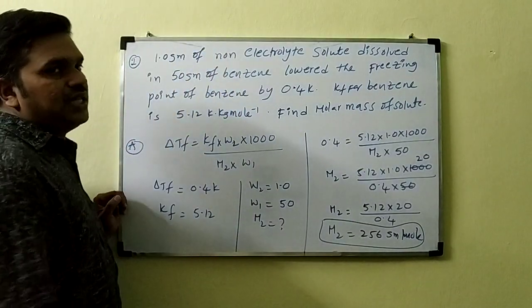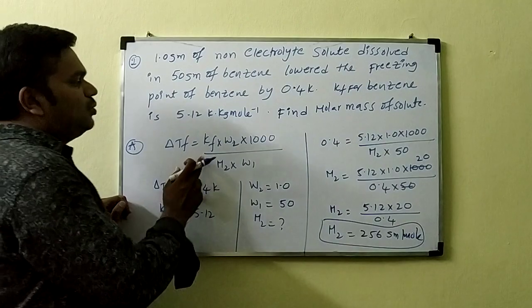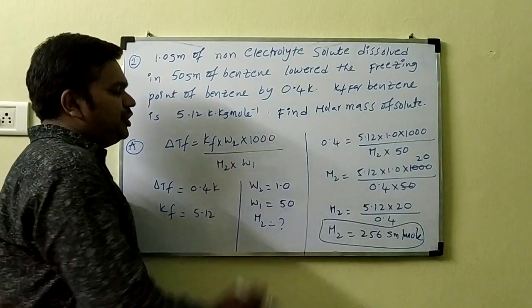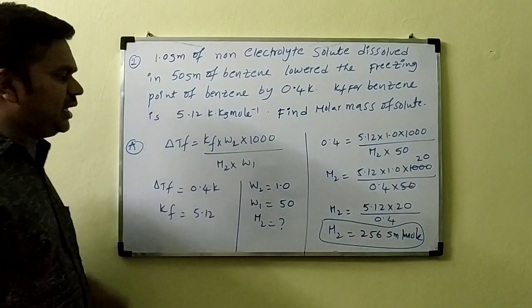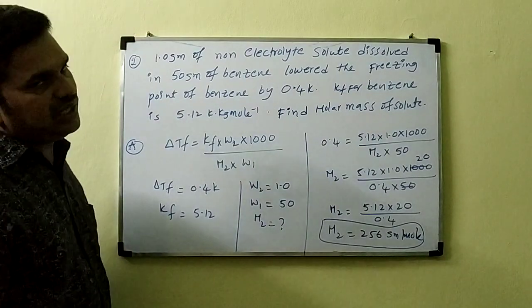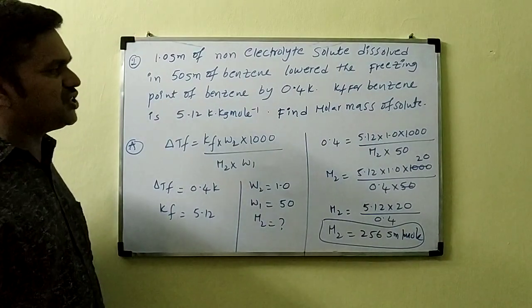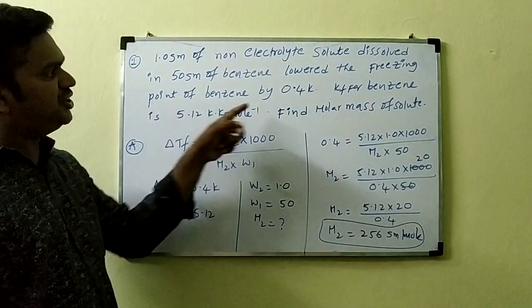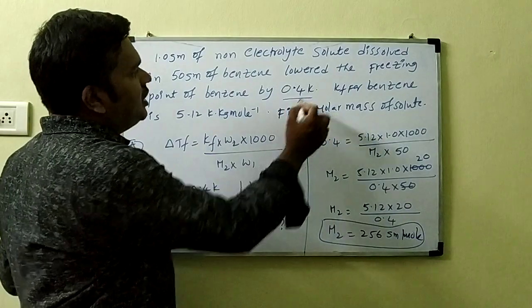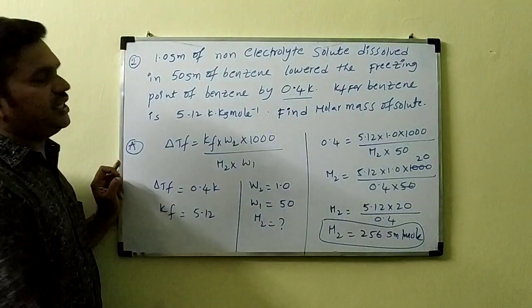First we will write the formula. Delta Tf is equal to Kf into W2 into 1000 by M2 into W1 only. Clear? What is delta Tf? Delta Tf is the depression in freezing point. The benzene lowers the freezing point by how much here? 0.4 Kelvin. That is delta Tf only.